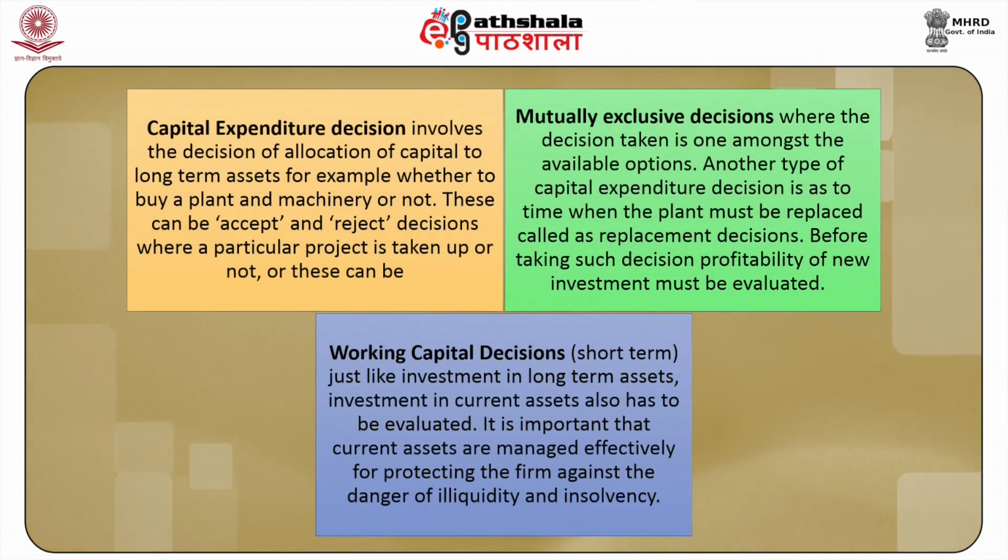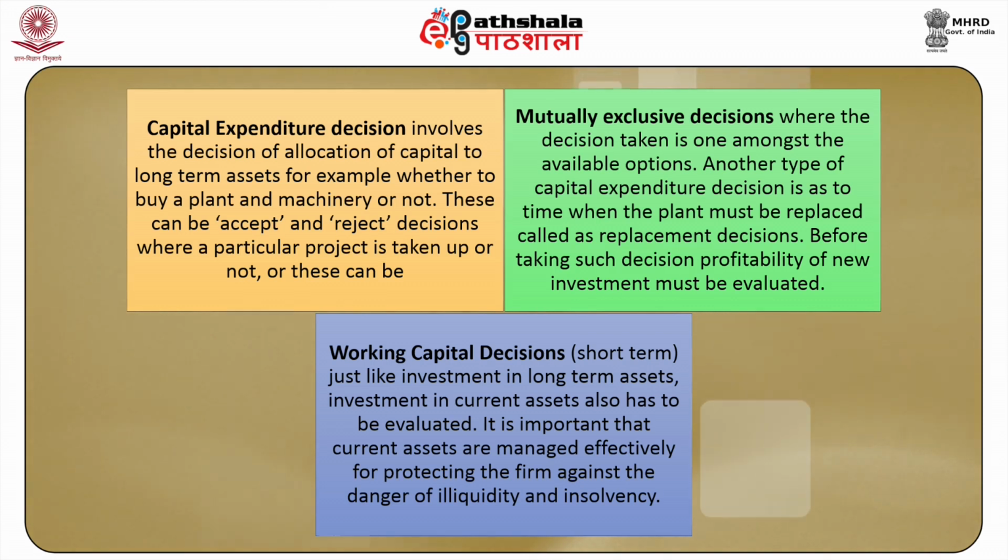Capital expenditure decisions. Now this involves the decision of allocation of capital to long-term assets, for example, whether to buy a plant and machinery or not. These can be accept and reject decisions, where a particular project is taken up or not.